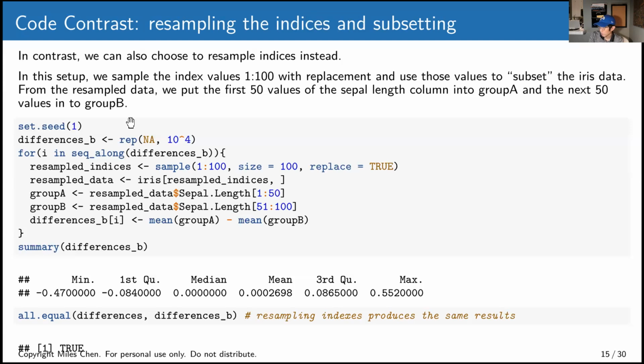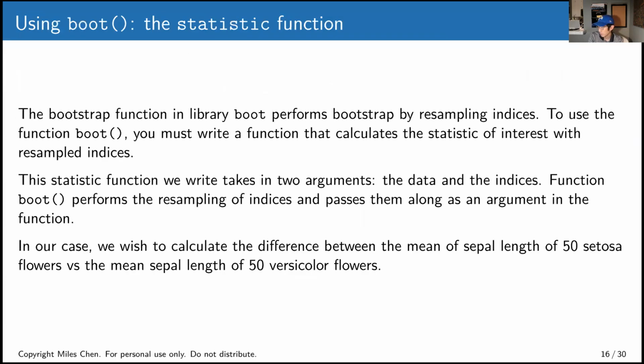All right. So if we understand how this works, resampling the indices, and then subsetting our data using these resampled values, then we can write a function that will be used by Bootstrap, by Boot. Okay. So in order to use Boot from library Boot, we have to write this function.